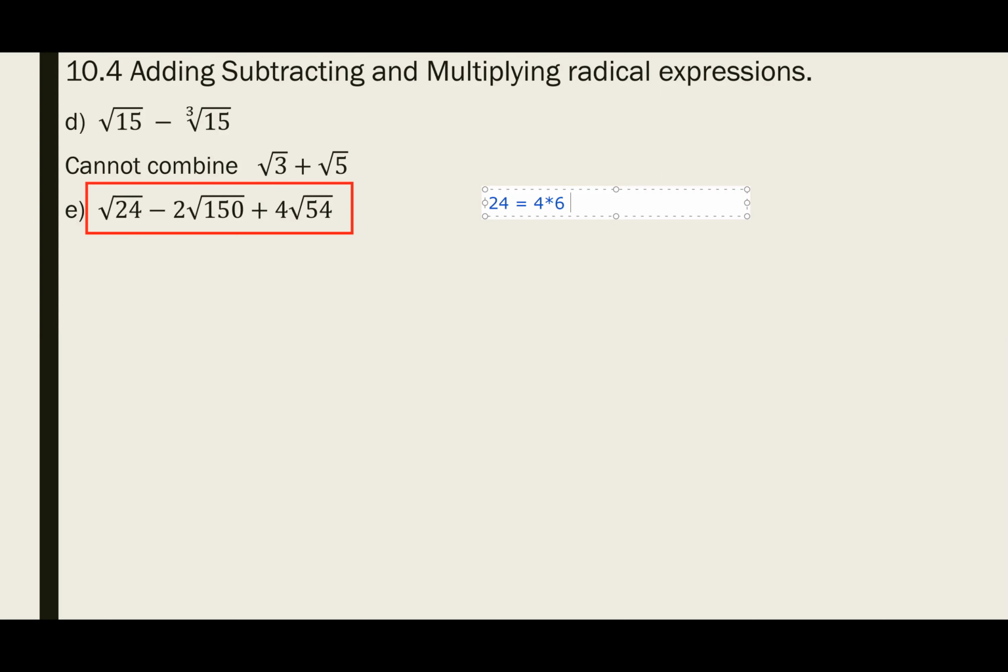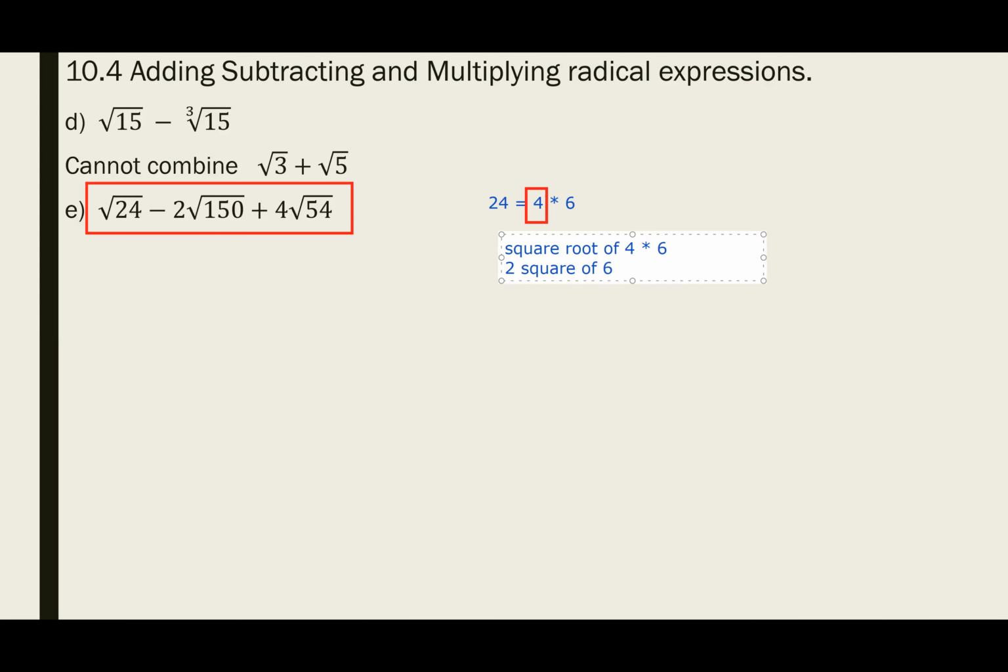And why do I use 4 times 6? Because 4 is a perfect square. Ladies and gentlemen, 4 is a perfect square. So everybody see that 4 is a perfect square, meaning I can take the square root of 4 times 6, which is the same as 2 square root of 6.